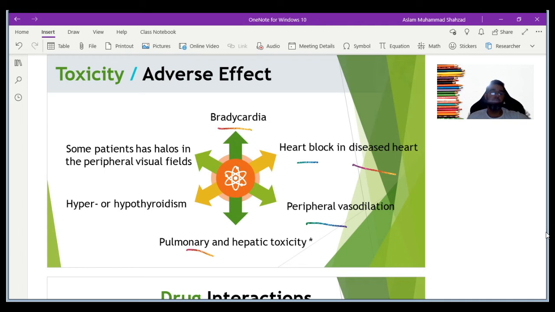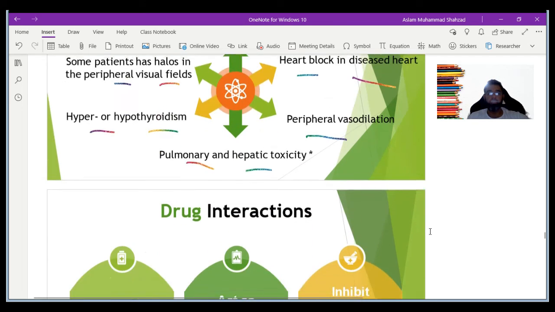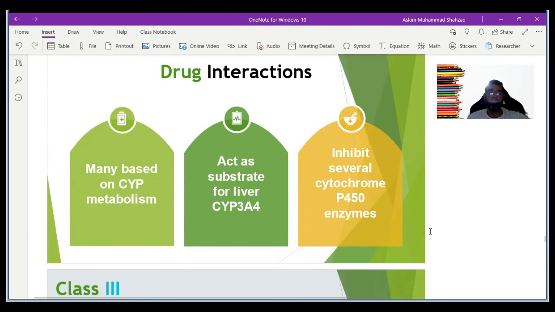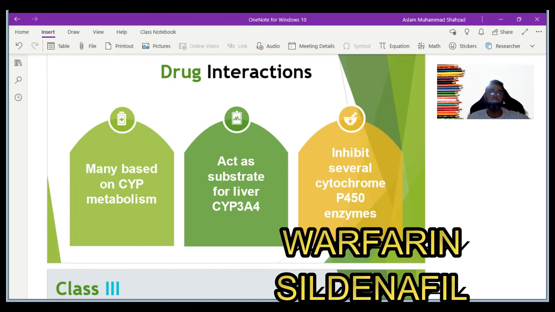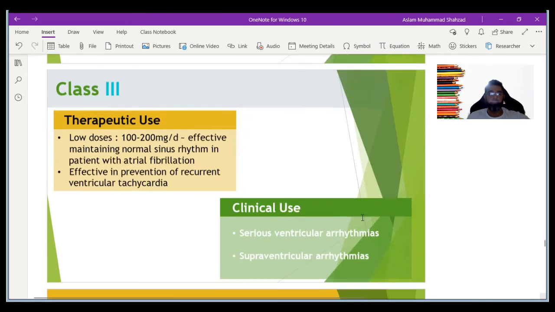It could be responsible for pulmonary and hepatic toxicities, or hyperthyroidism or hypothyroidism, and the patient may see halos in the peripheral visual field, so it can affect visual function. It also leads to drug interactions because of cytochrome metabolism: it acts as a substrate for liver cytochrome 3A4 and inhibits cytochrome P450. So the inhibition of cytochrome P450 means it can potentially interact with a number of drugs.